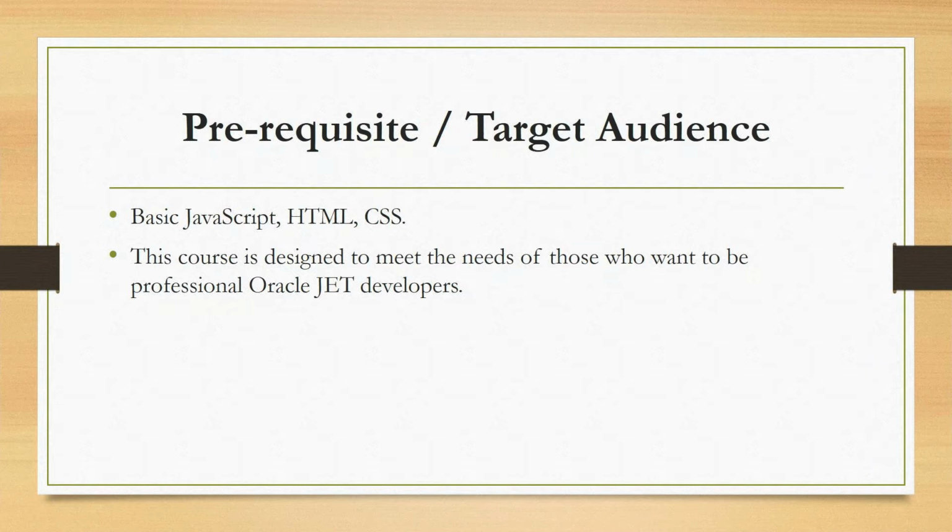The audience we are targeting are beginners who have not yet worked on Oracle Jet, as well as intermediate developers who have been working on Oracle Jet for a couple of years or so.